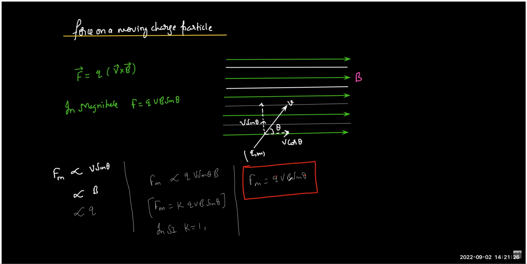Around the wire, yes, an infinite wire. It won't experience any force. Correct, because at any instant the velocity vector will be parallel to the B vector. Yes, sir.